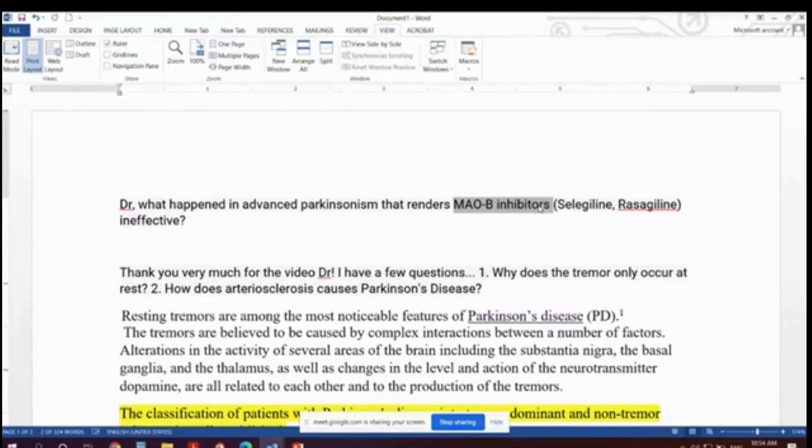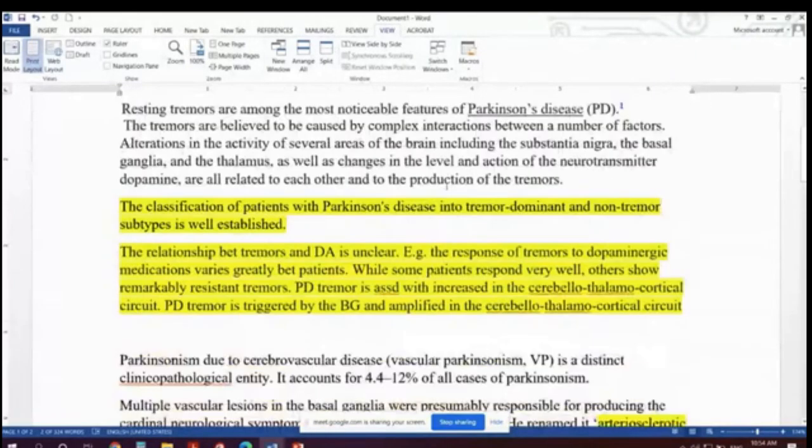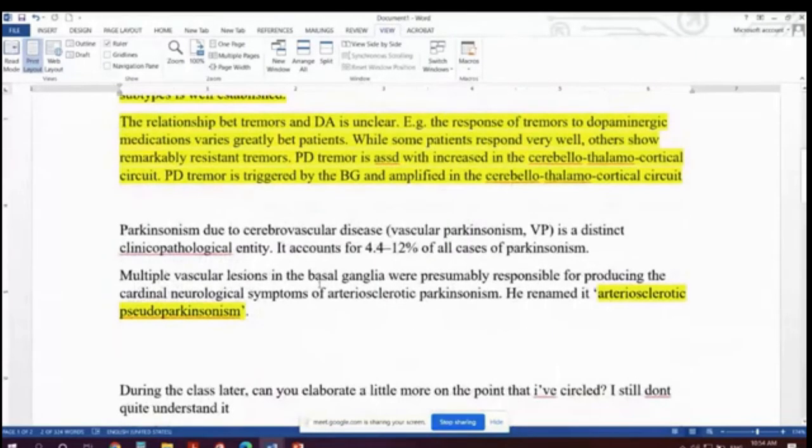So you might not use these. You might switch to other medications such as dopamine receptor agonists. Are you okay with that, guys? Understood. Okay, so we are done with that.